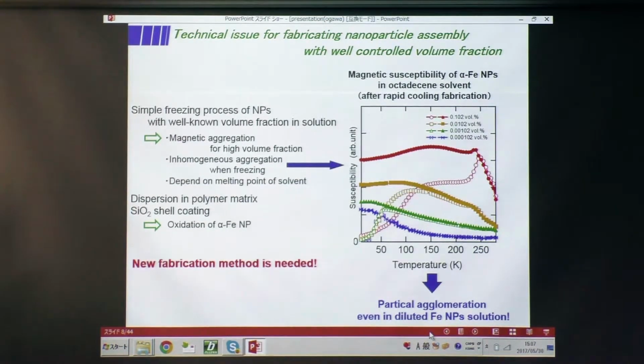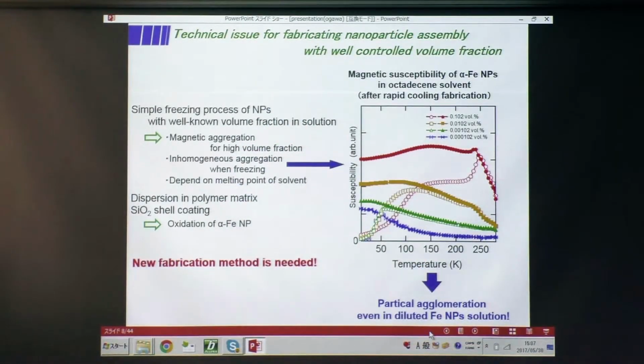But with a little increase of the volume fraction, the blocking temperature rapidly increased. I think this rapid increase originates from some magnetic aggregation inside the solution during the freezing process.